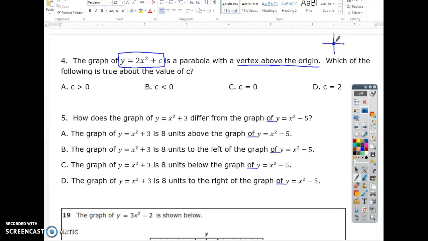So if it's above it, that's any of these numbers, and those are all positive numbers. So it has to be something that is greater than 0. Not equal to 0. Equal to 0 would be the vertex. We don't want it to be the vertex. We want it to be above the vertex. Up.